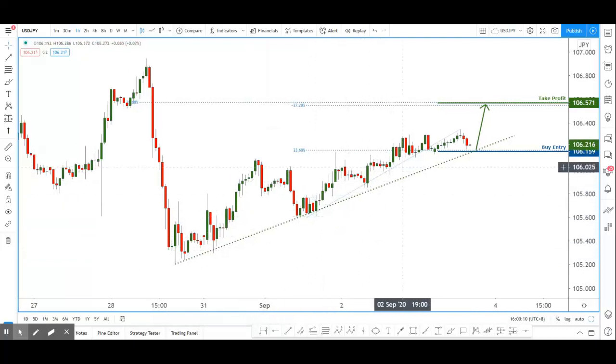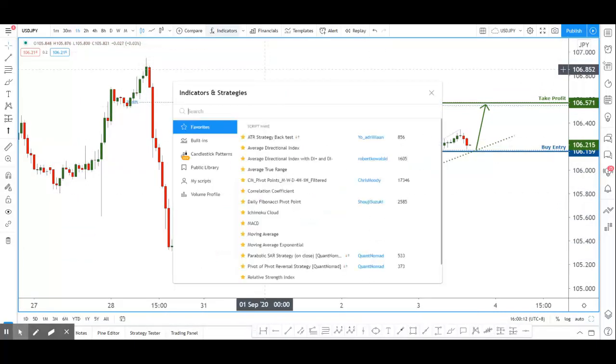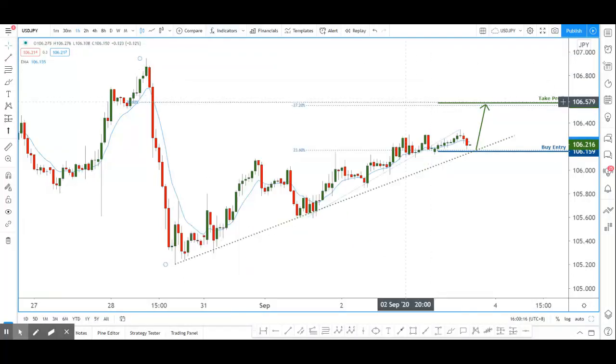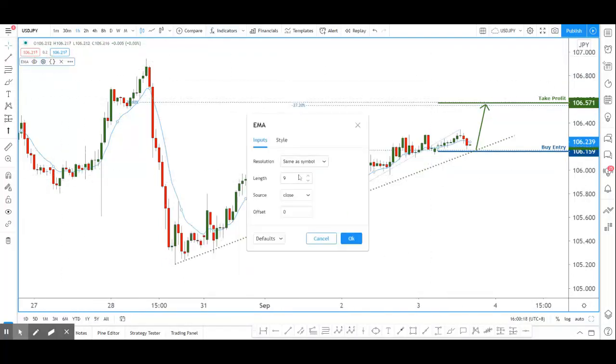Alright, and last but not least, I can actually also include a moving average just to confirm that price is holding above the moving average. So I normally like to choose Fibonacci levels, right? Because Fibonacci also takes into account the key fractal levels, and we know that markets actually behave in a fractal nature.